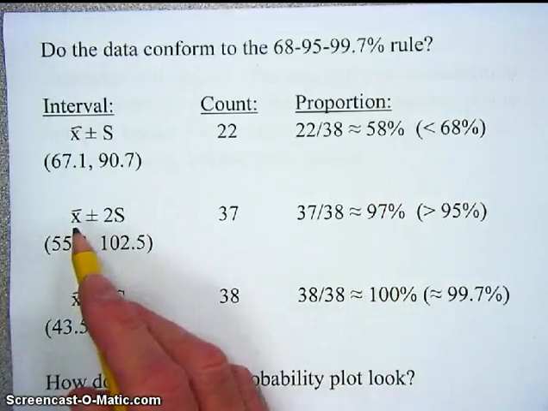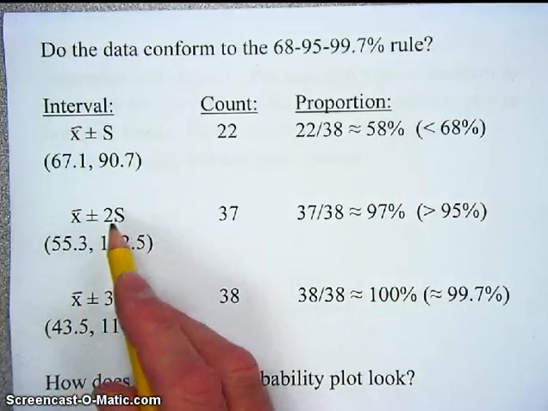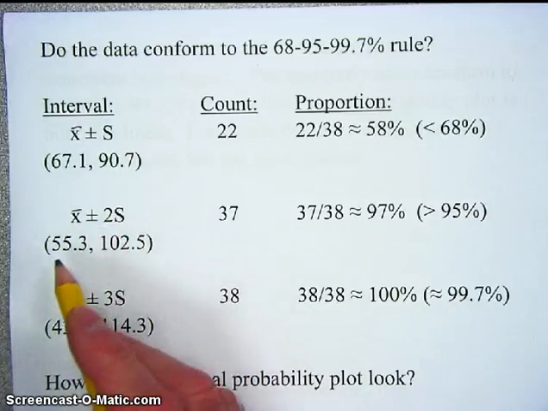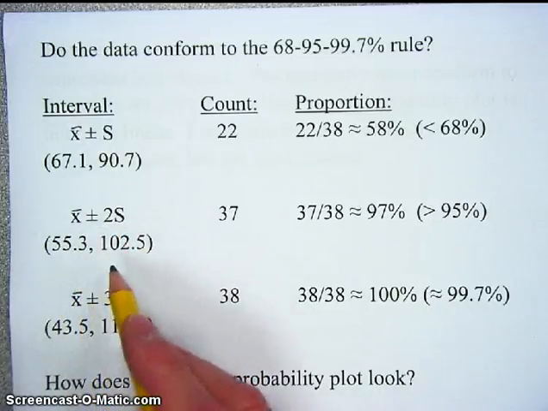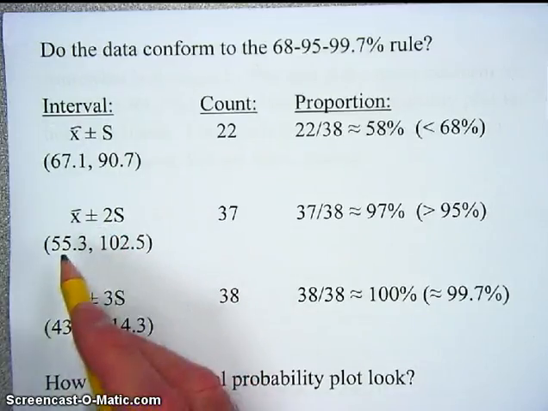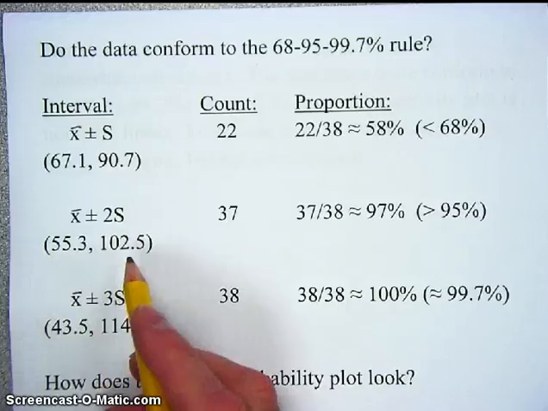Okay, the next interval, which is one standard deviation wider, extends from 55.3 to 102.5. Again, we took X bar, 78.9, and we subtracted 2 times the standard deviation of 11.8, and we added 2 times the standard deviation of 11.8.